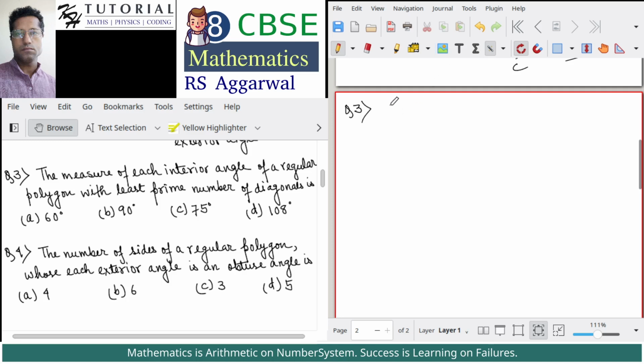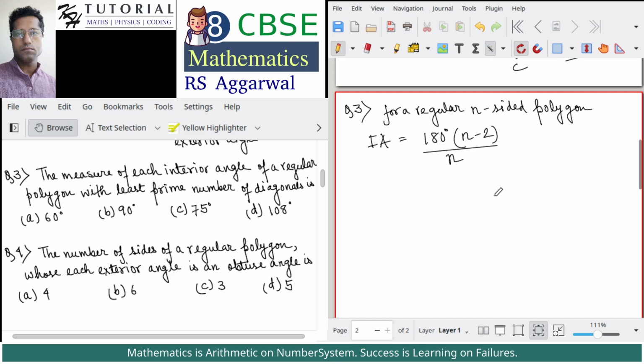First of all, for a regular n-sided polygon, we know that each interior angle, I am abbreviating interior angle as IA, is equal to 180 degrees multiplied by n minus 2 divided by n.